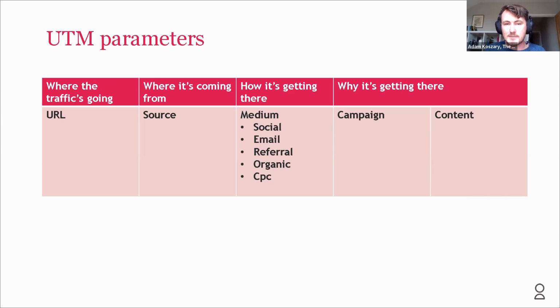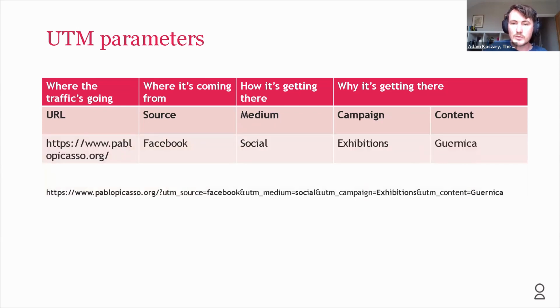How it's getting there are these buckets of social, email, referral, organic, cost per click, advertisements, that kind of thing. But where it gets interesting for our purposes is the why it's getting there. So you can give these links a specific name for the campaign, and you can also then differentiate your links with more detail in the content term, which will make more sense here.